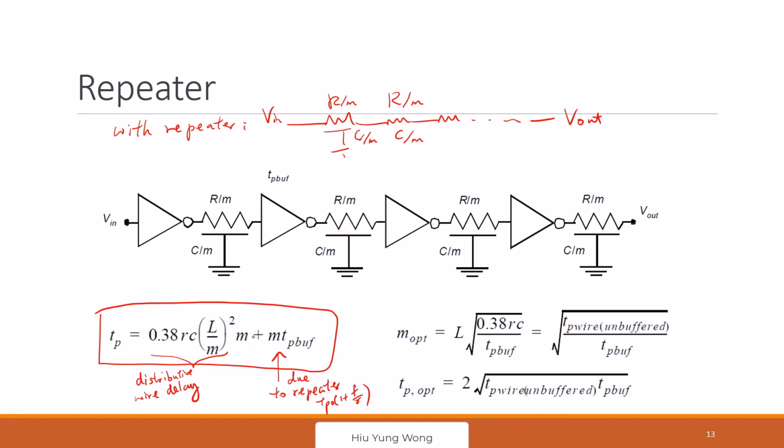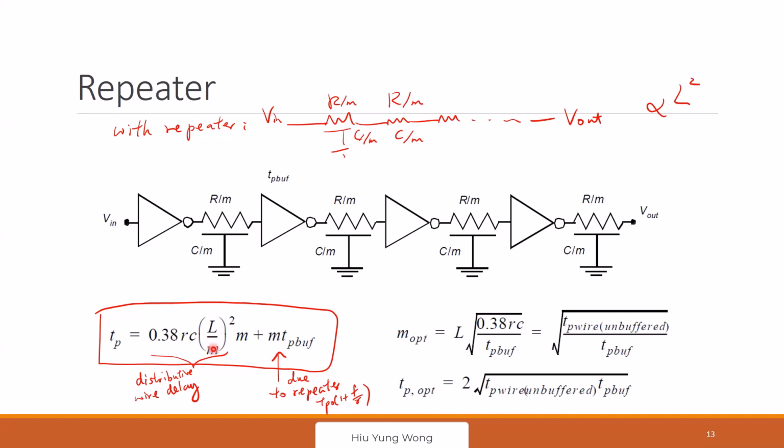So how many buffers should I insert? You can imagine if I insert too many buffers, it's going to make the delay too much, because every buffer has a lot of delay. But if you don't insert anything, you also know that this one is proportional to L squared.